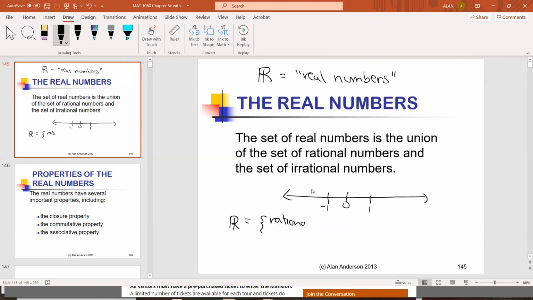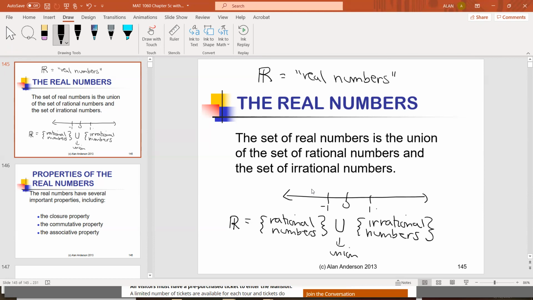So we're going to write this as the set of rational numbers, and then we're going to use the symbol U, which stands for union, and then we'll have the set of irrational numbers. The union means we're combining the two sets.